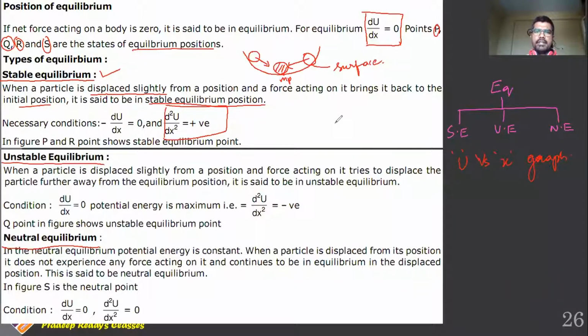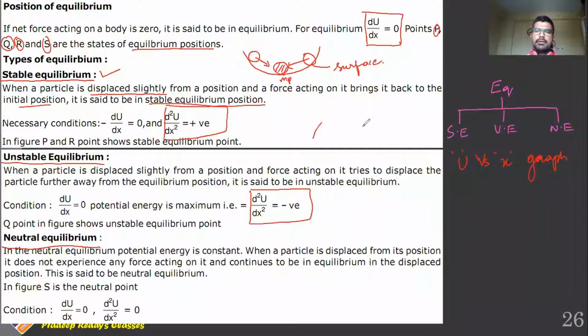Unstable equilibrium means if the body is displaced from its position, it does not regain the same position. It does not come back to its own position. Such type of equilibrium is called unstable equilibrium. The condition for unstable equilibrium is d square u by dx square is negative.